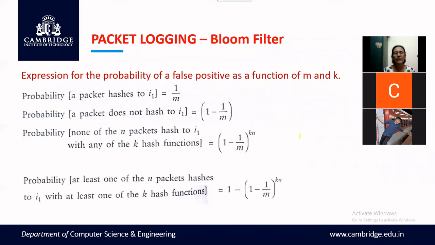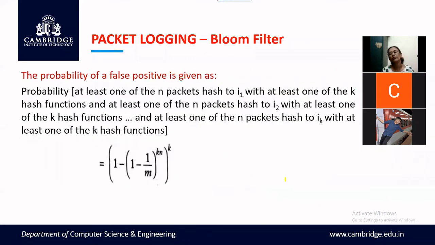Now the probability that at least one of the n packets hashes to I1 with at least one of the k hash functions, so one of the packets with any one of the hash functions, is 1 minus (1 minus 1 by m) to the power of kn.